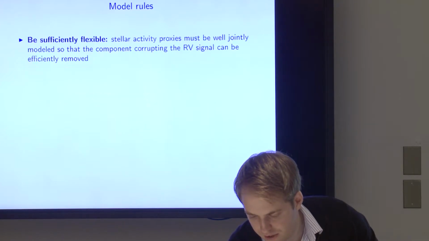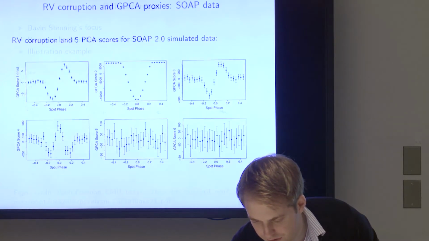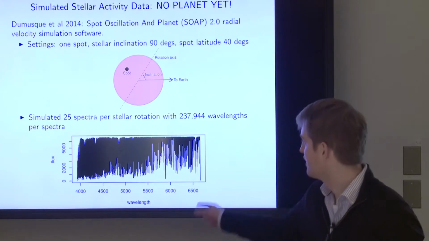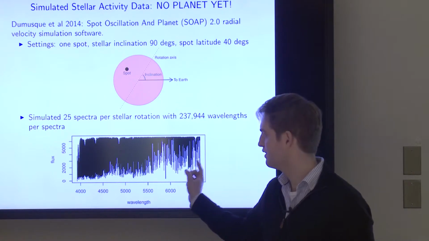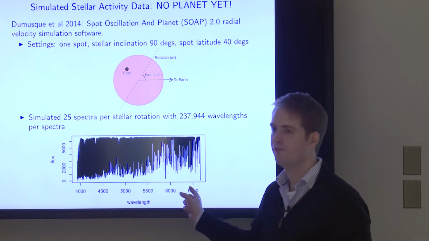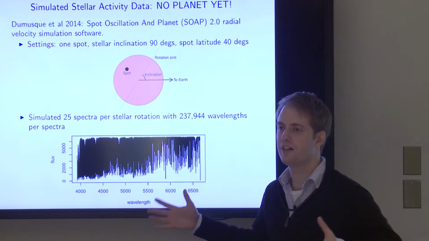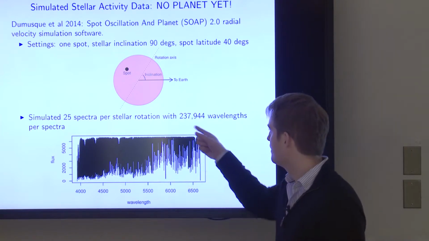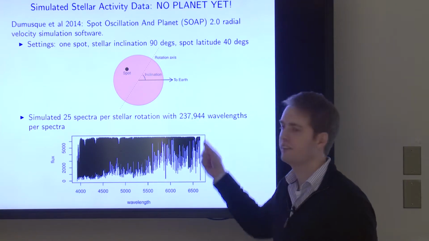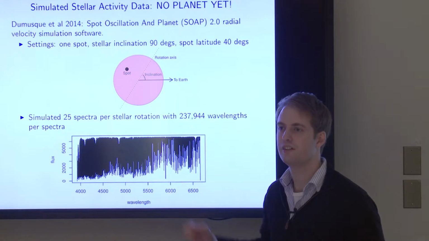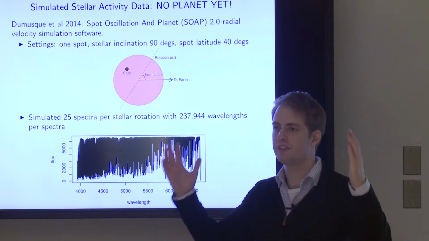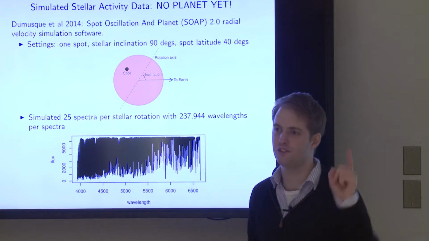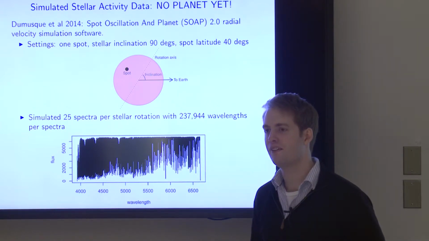I showed you that before. The spectrum is just like this. At each time point we observe this. It's the light broken into different wavelengths, so it's very high dimensional. There are 237,000 wavelengths recorded. At each time we observe that, and if you just observe the first output, you've reduced this whole thing to just one point on your time series.